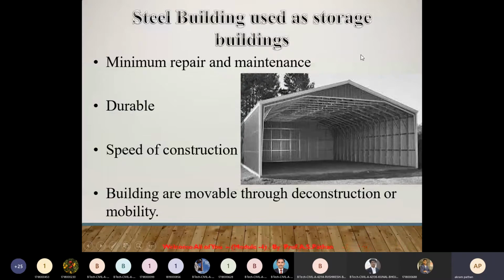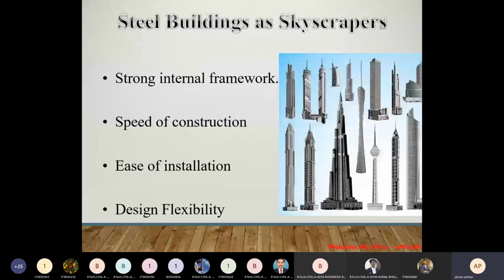Then another use of steel buildings is as skyscrapers. Such skyscrapers we can construct with the help of steel. Strong internal framework, speed of construction, ease of installation, and design flexibility. So design flexibility means what?